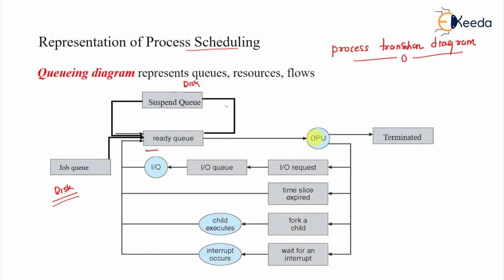From here, the process goes to the CPU, and it comes out either as a termination or it will be blocked, waiting for an IO request. Time slice expired is a new term, and we will learn it in one of our scheduling algorithms.